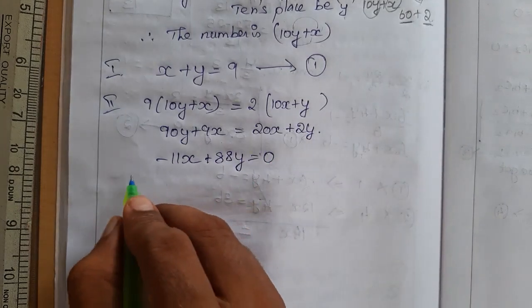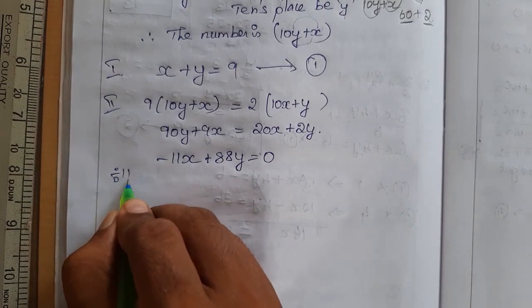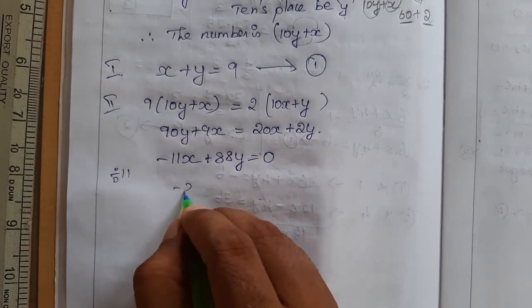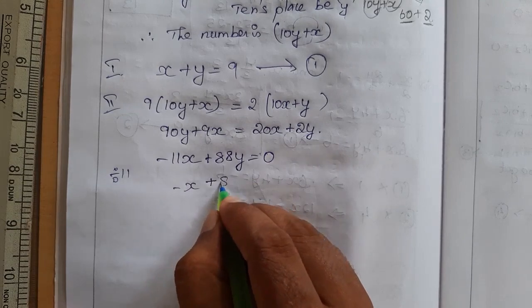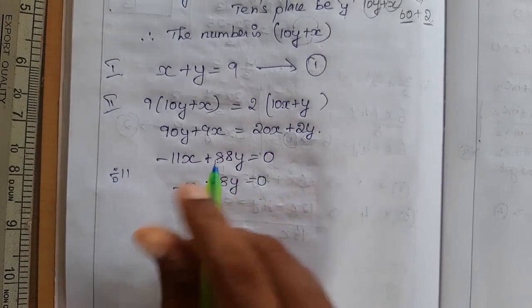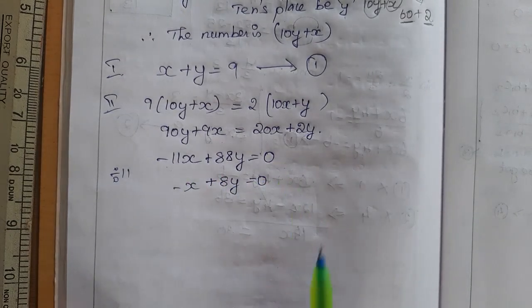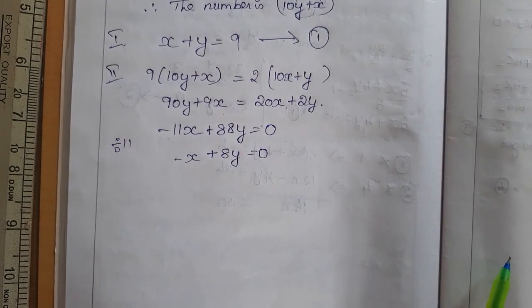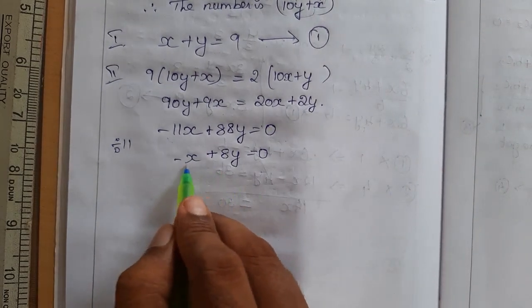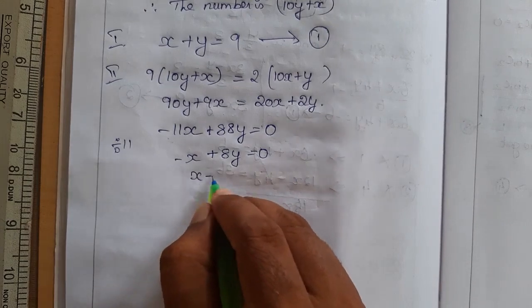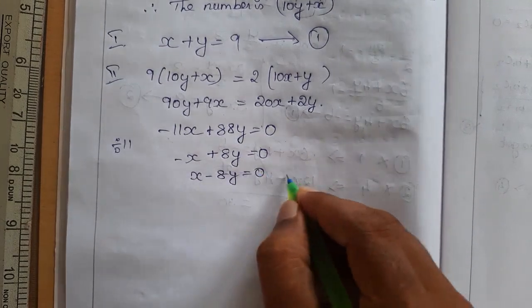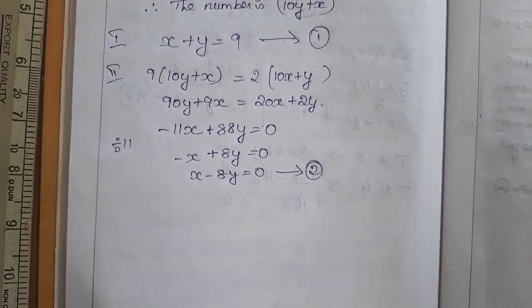Now we divide by 11, so we will get minus x plus 8y is equal to 0. We can simplify if everything is divided by the same number, and we can divide by minus also, changing the entire sign. So x minus 8y is equal to 0. Let it be equation 2.